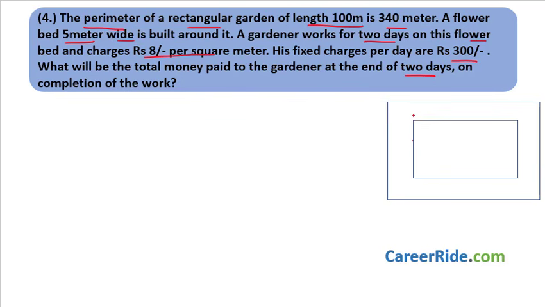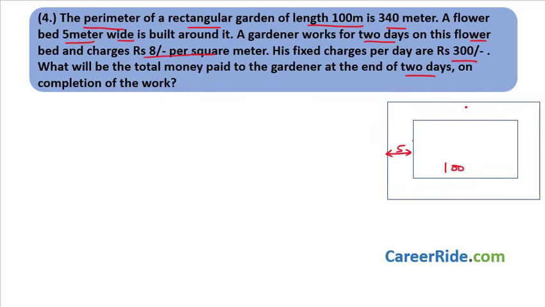Okay, so now in this question, what's given is there is a garden in here. Let's see the inside rectangle first. This is the garden that is given to you, and the length here is 100 meters. And then there is another rectangle that is drawn outside, and this is 5 meters wide. This is the flower bed here.